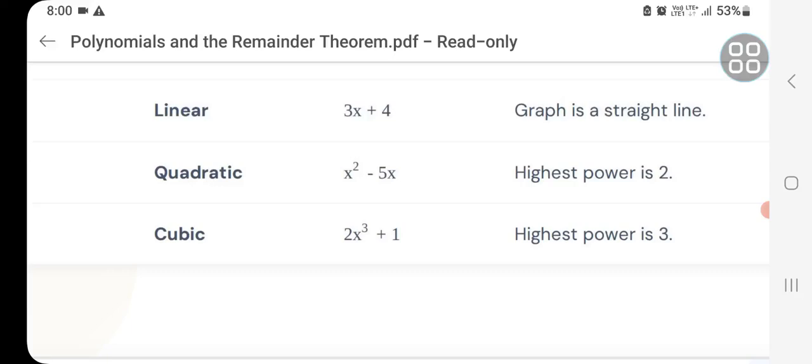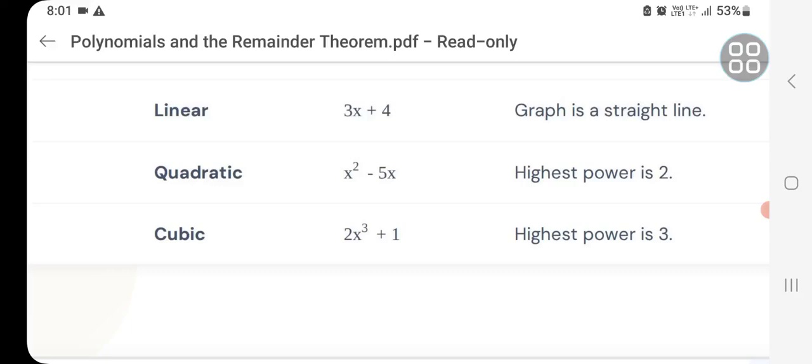The third thing is x square minus 5x. Here you see the highest power. Here x power 2, that is x square, is the highest power, right? So the degree will be 2. That's why you can say it is a quadratic polynomial. The last example, 2x cube plus 1. Here you have to see what is the highest power? x cube, right?